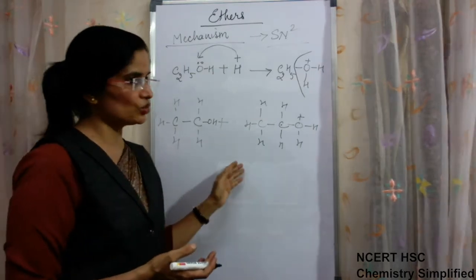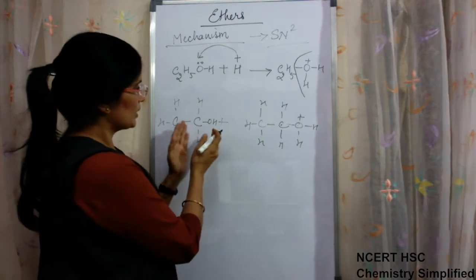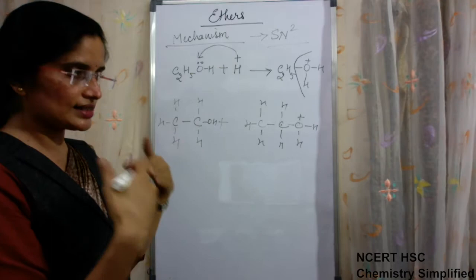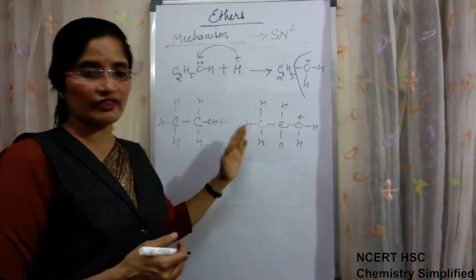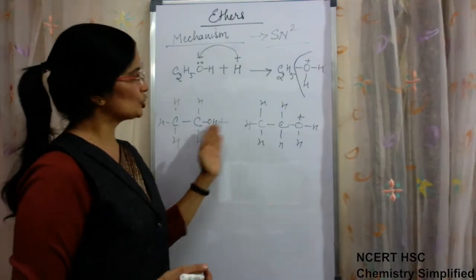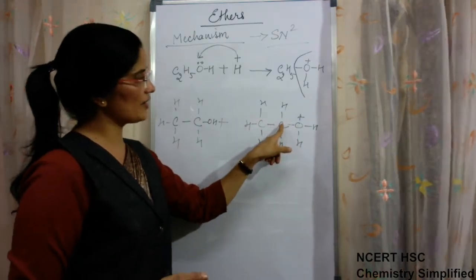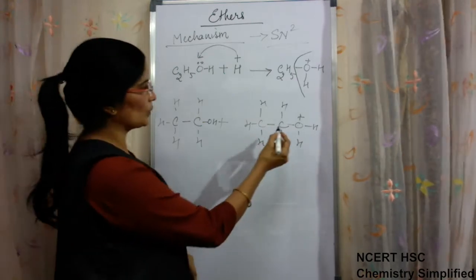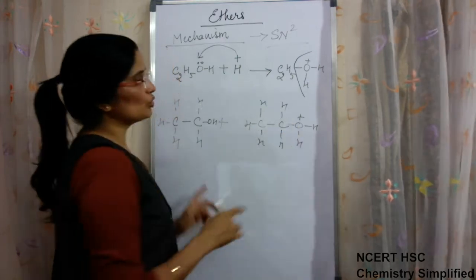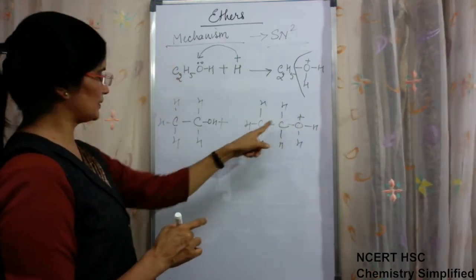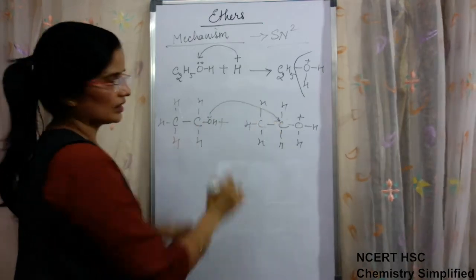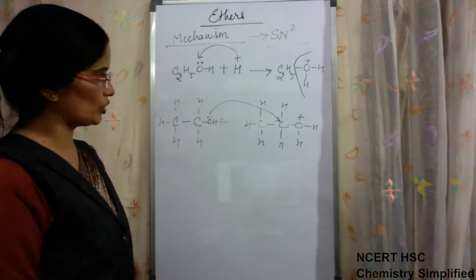Because it is an SN2 mechanism, and in SN2 mechanism, the attack from the back side and the bond from the front side are both attached together at the same time to form a 5-membered intermediate transition state. That is why we are not showing it separated, that C is having positive charge. But to understand, you should know that as this will be removed, this C will acquire positive charge, and to neutralize the positive charge of this C, the oxygen of this will give its lone pair of electrons to make the bond.